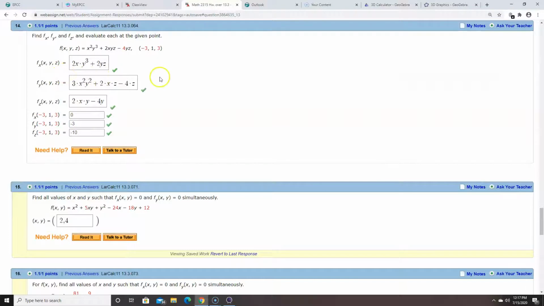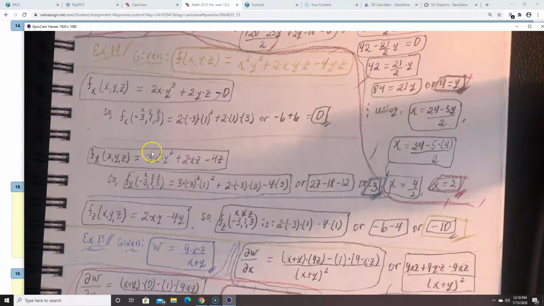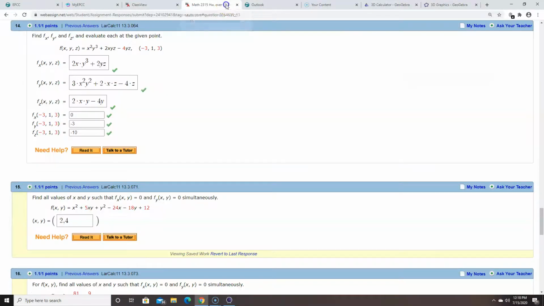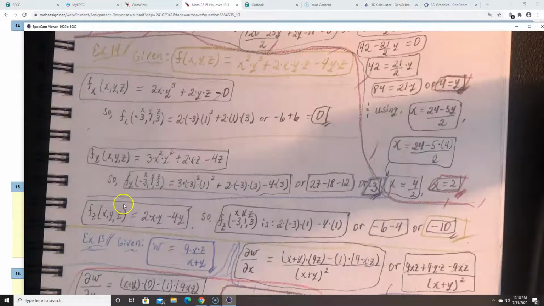Here's this equation we got. 3x squared y squared plus 2xz minus 4z, and we're correct. The partial derivative with respect to z: differentiate all three terms with respect to z, which means x and y are considered constants.